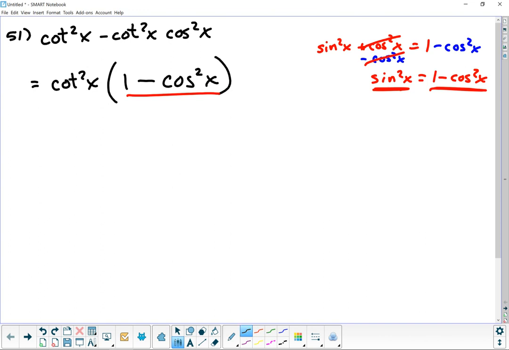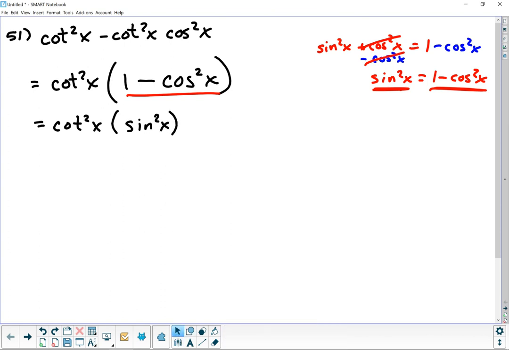So I can actually use this as sine square x. If I wanted to keep it factored, I would be more or less done, or I can write it as cotangent square x times sine square x, and that would be even better if I wanted to factor it. But then I can go even further.